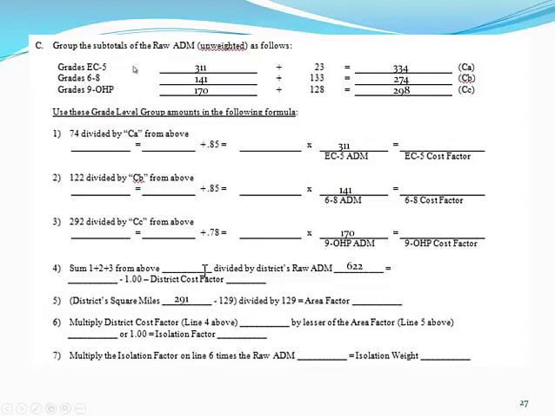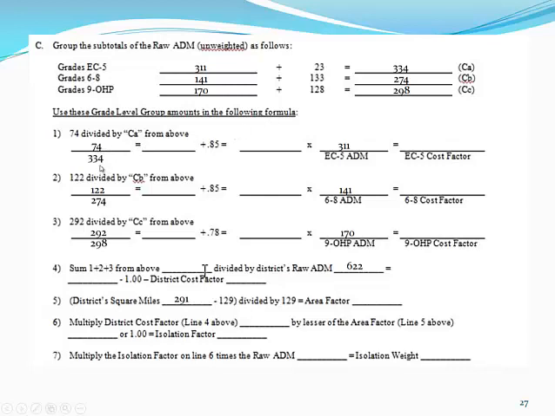Okay, so 311 for early childhood through 5th grade plus 23 becomes 334. We're going to move that down to CA. Okay, or that becomes CA. 74, we're going to carry out these calculations. 74 divided by CA.